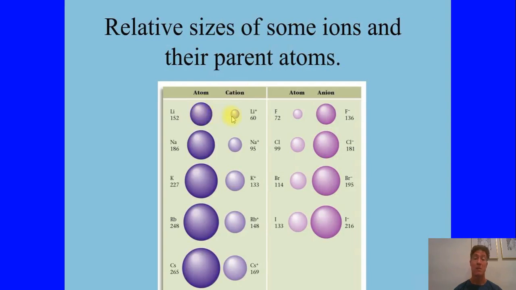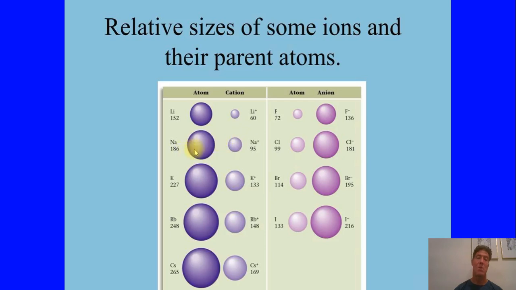But when it becomes a positively charged ion, it gives up its electron, its size goes from 152 to 60. So less than half of its original size. Whereas fluorine, here's the neutral atom, 72, when it gains electrons from, say, a lithium or something else, it nearly doubles in size. It goes to 136.